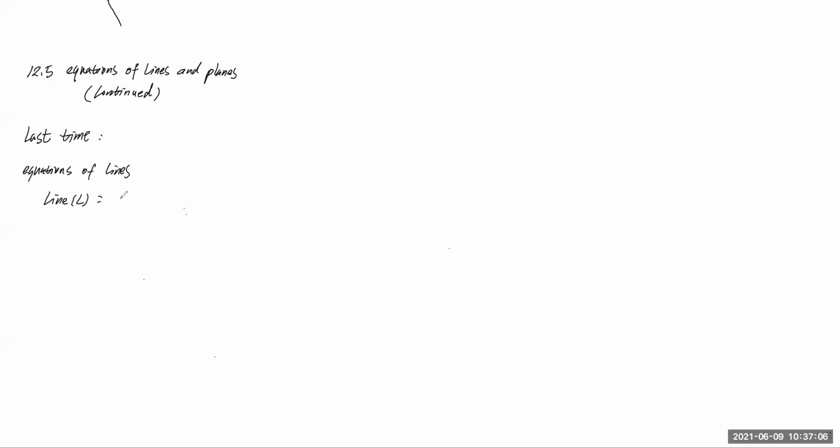Okay, so it passes through a point R0, which is x naught, y naught, z naught, and the direction vector is v, which is a, b, c, and then we have three types of equation.